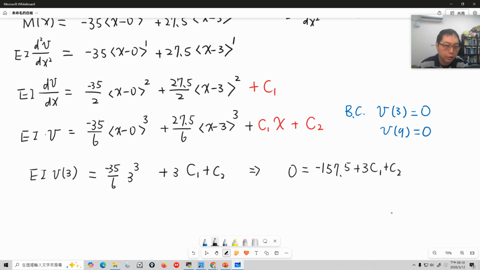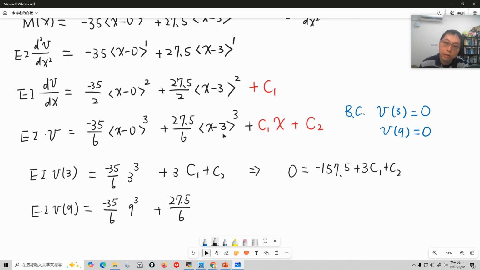And another boundary condition is EI v at x equal to 9. So you will have 6 minus 35 times 9 to the power 3 plus 627.5, where I plug 9 in here.